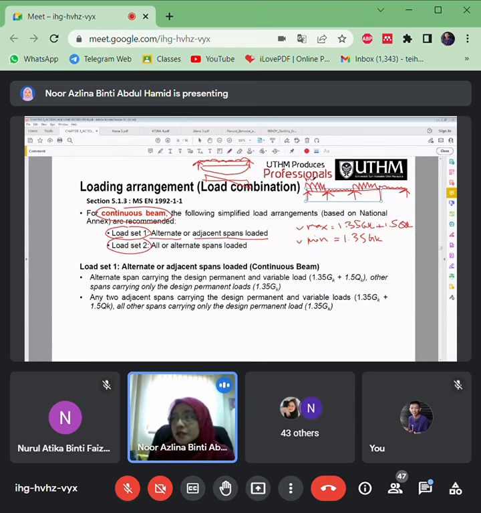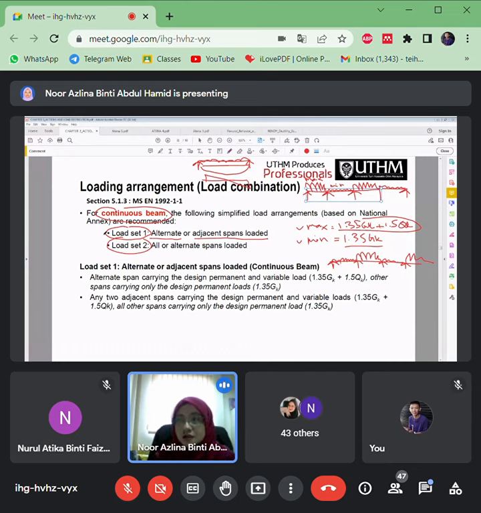Maximum considers this load, and minimum is just 1.35 GK. Then we can also arrange by using the minimum loading first for the first span, so we start with minimum, and then maximum. This is the two patterns of what we call the alternate load arrangement.